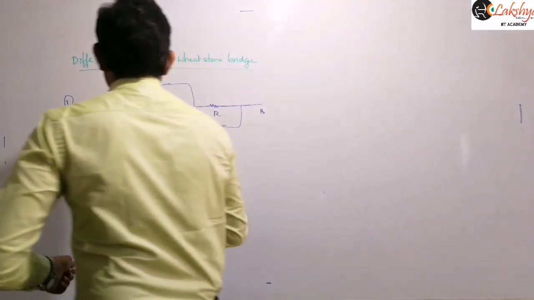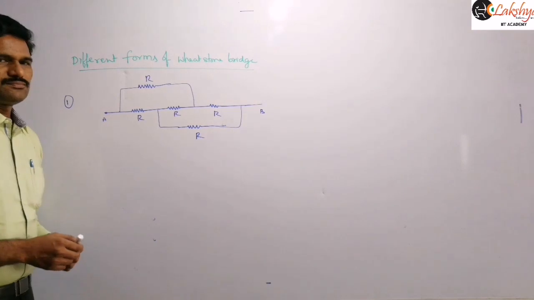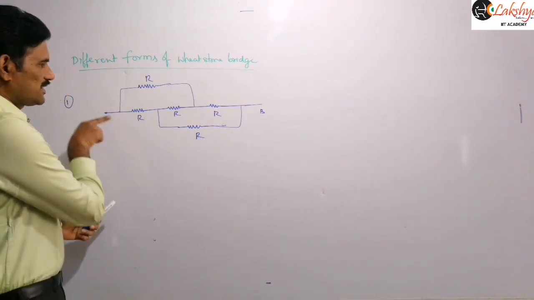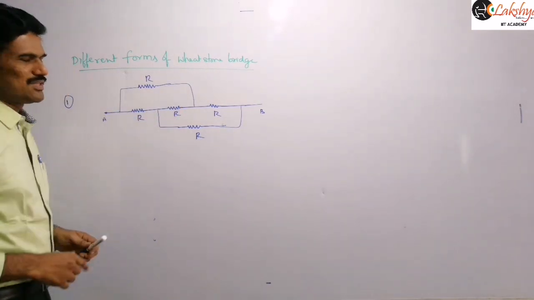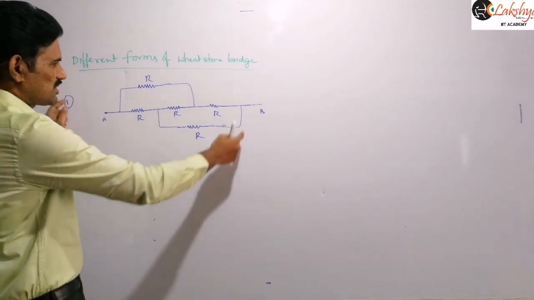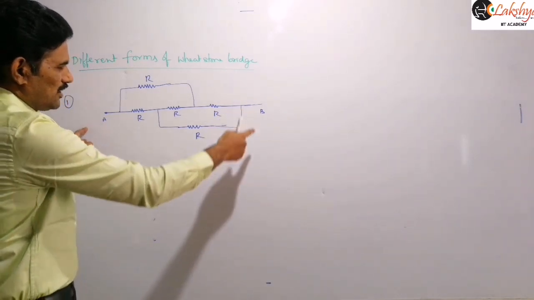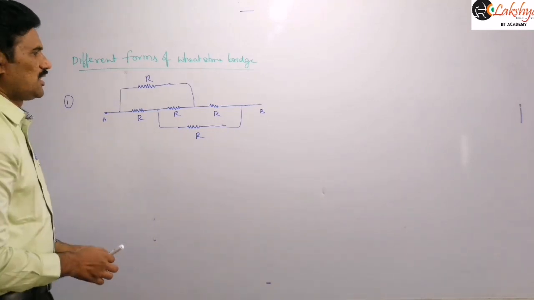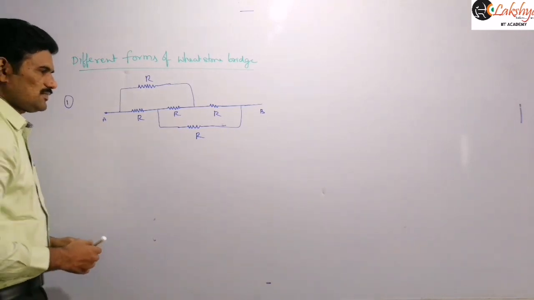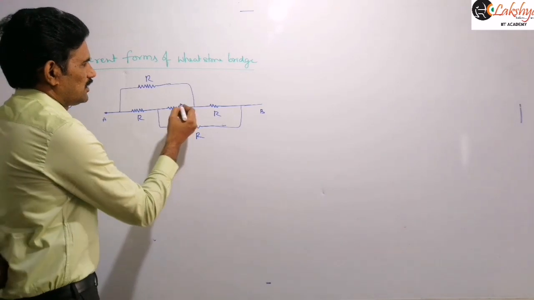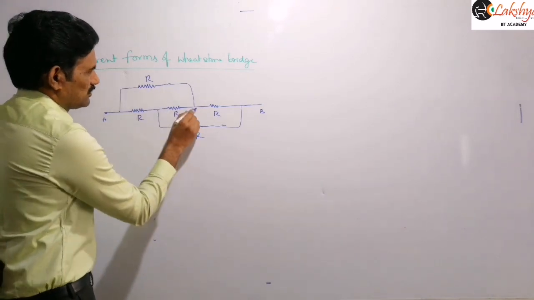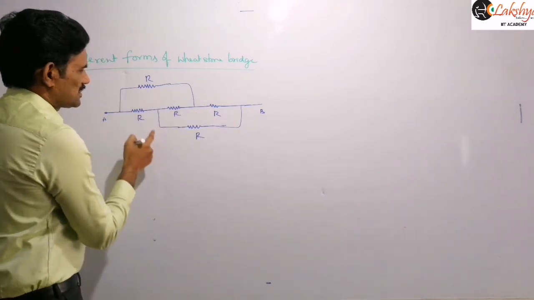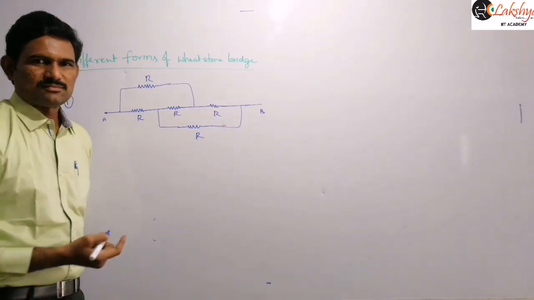And now for this, let us identify here. I am taking current entering at one junction and leaving at the other junction. Suppose a battery is connected between these 2 junctions. Now this one is one part and this is another part, right?